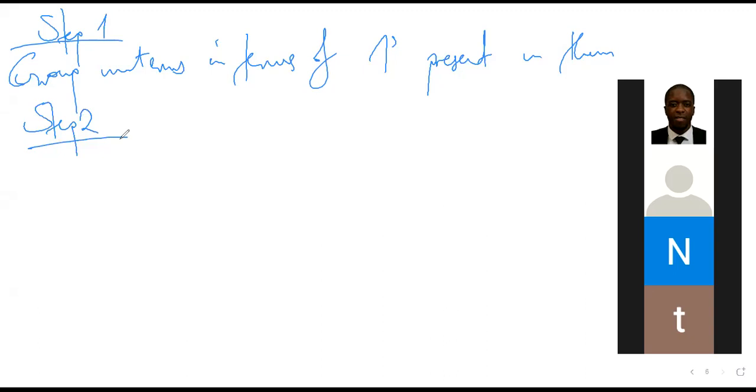We go to step number 2, where we introduce the meshed pairs. Meshed pairs are found by comparing groups n and n plus 1.